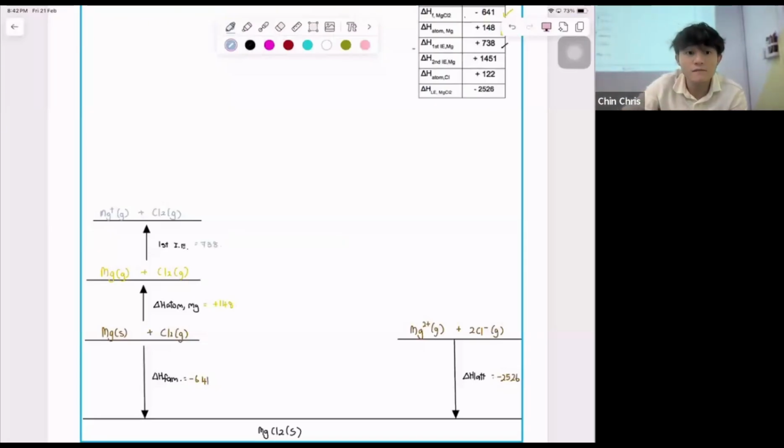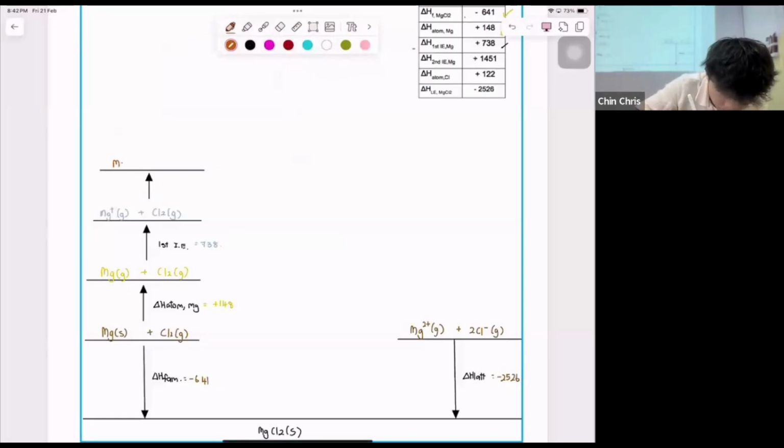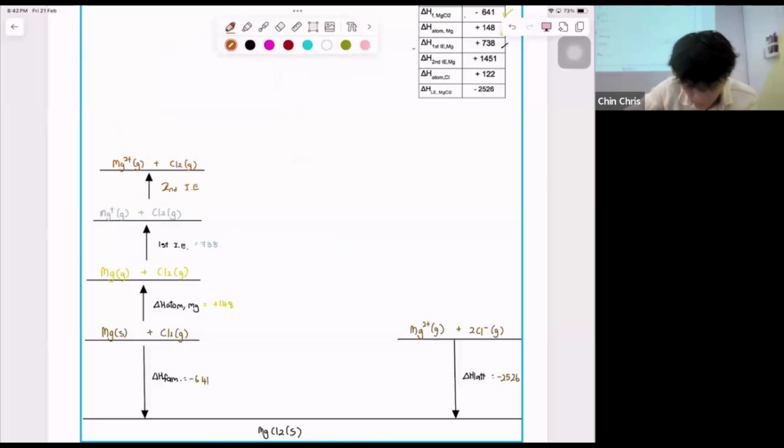Next, what else? Mg+ turns into Mg2+. Well done. My second IE is 1451. Done.